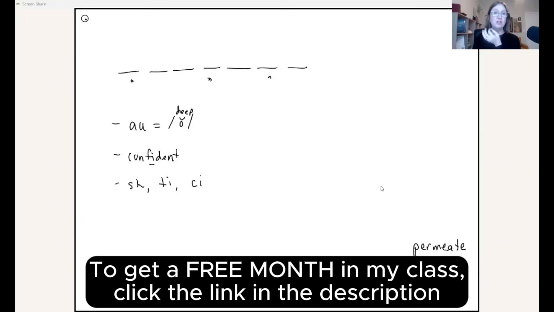Those all spell sh. This one comes right before an OUS, often. This way to spell the sh sound is often how you're going to spell it before an OUS. Which brings me to my last rule. OUS is how you spell the suffix us.